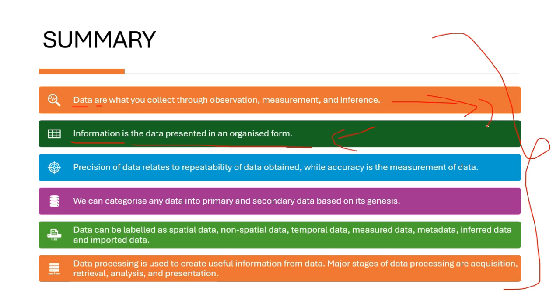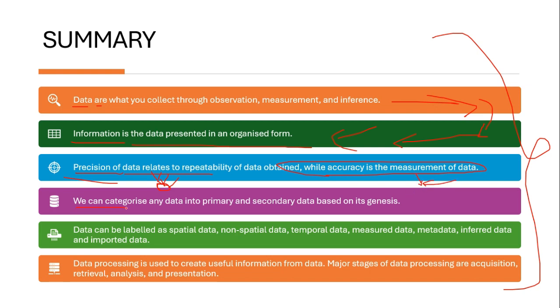When we convert raw, unorganized data into an organized format, it becomes information. Precision relates to the repeatability of the data obtained, while accuracy is about the measurement. In precision the data may not be accurate, but measurements should be close together, and in accuracy the measurement should be near the true value.